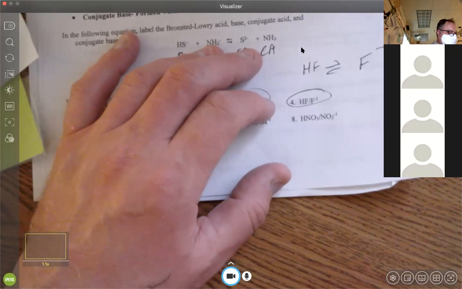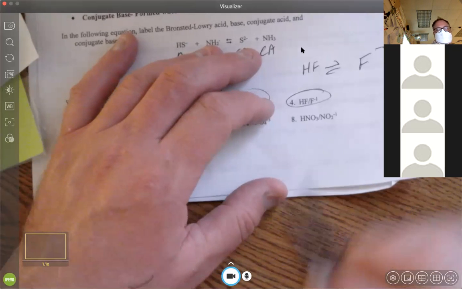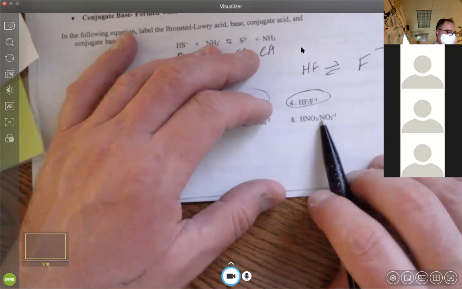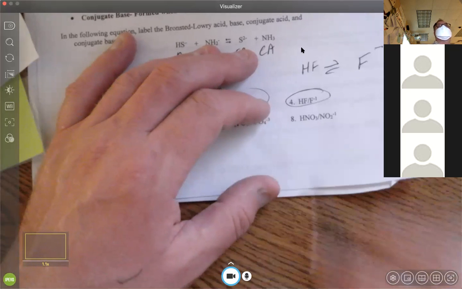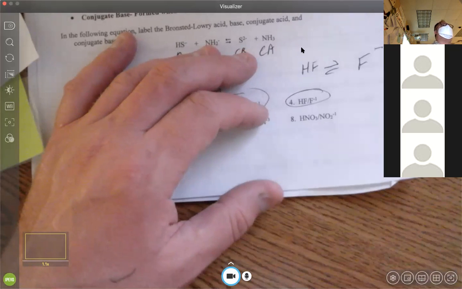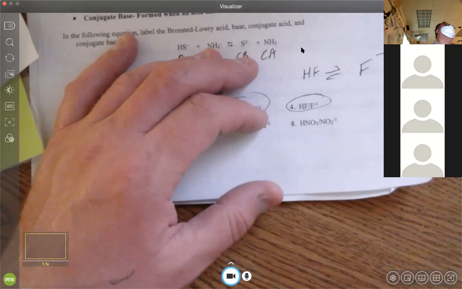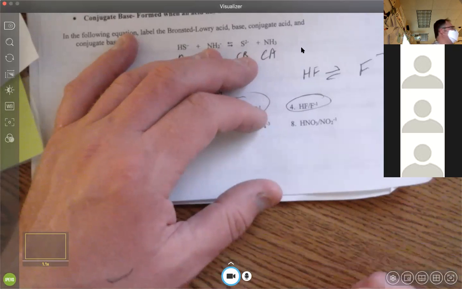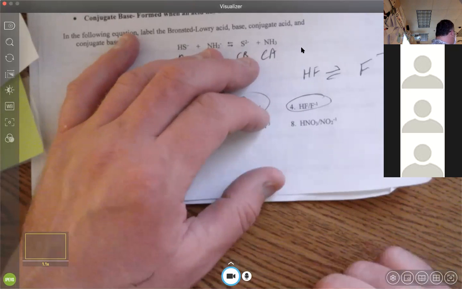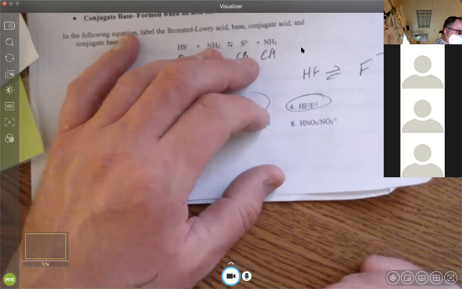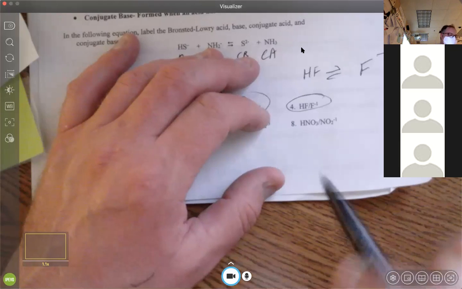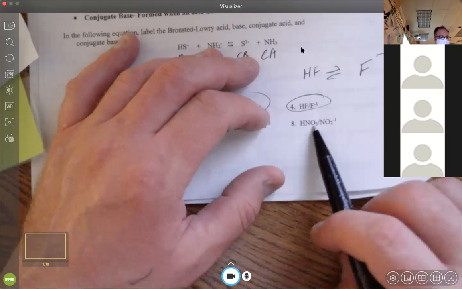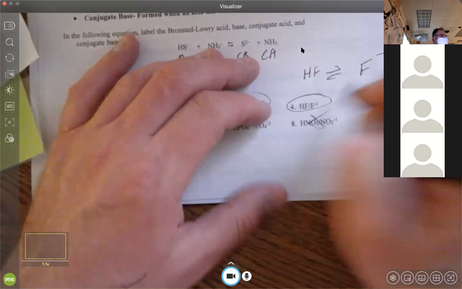Is this and this the same minus an H and the charge? What else is messed up? Yeah, right. There are 2 oxygens and there are 3 oxygens here. So this one won't work. These seem harder than they are.